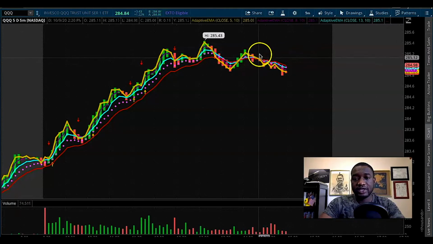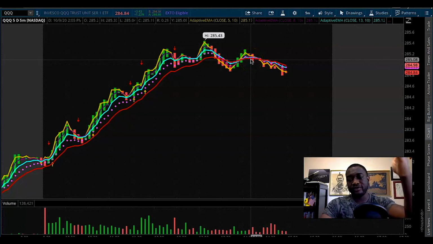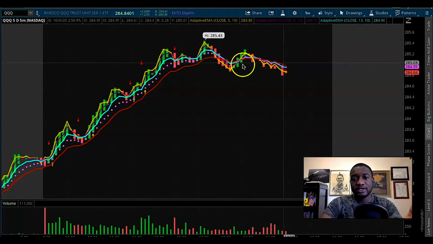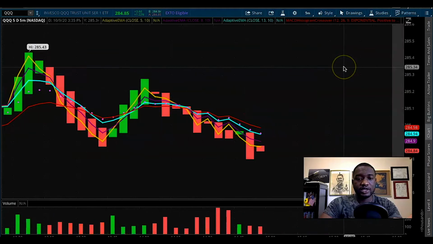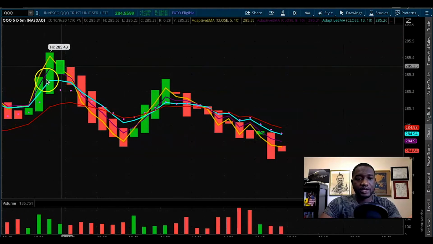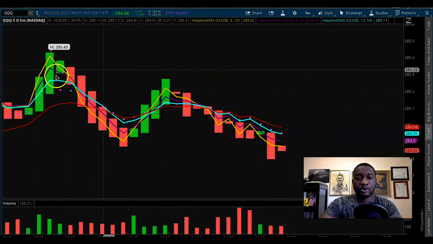As you can see, everything kind of collided and switched from being above to being below the lines. So if we zoom in here for a little bit, you can see the 10, which is these dots right here, basically started being below. It wasn't pointing upwards anymore.